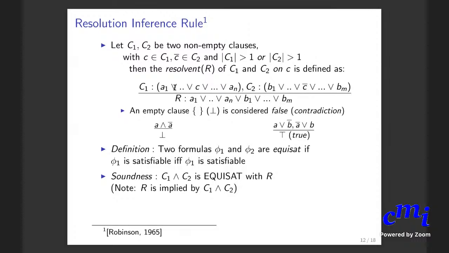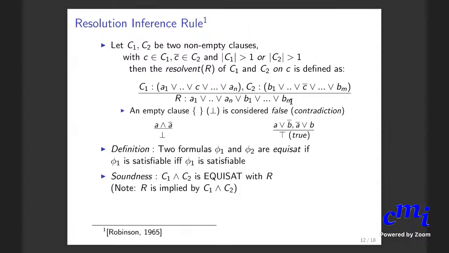Now, if your satisfying assignment for C1 and C2 is one in which you choose C to be true, and all the rest of the A's are false, say, then of course C bar will be false, so you cannot satisfy C2 that way. So you'll have to make one of the literals BI true.